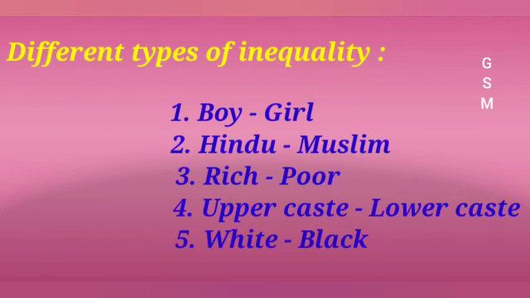Third, rich and poor is status inequality. Fourth, upper caste and lower caste is caste inequality. Fifth, white and black is color inequality. These are also the different types of inequality in our society.